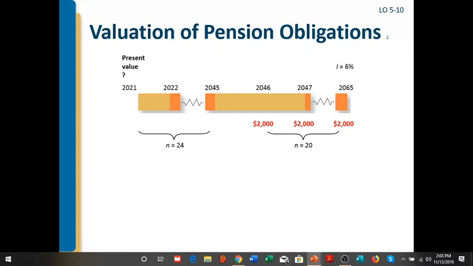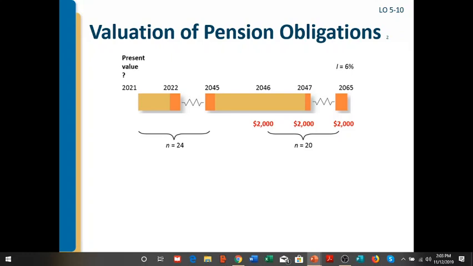The annuity payments are $2,000, and the period of time they're going to pay this annuity once this guy retires is 20 years. So N equals 20, I equals 6%, and of course the annuity amount's 2,000.